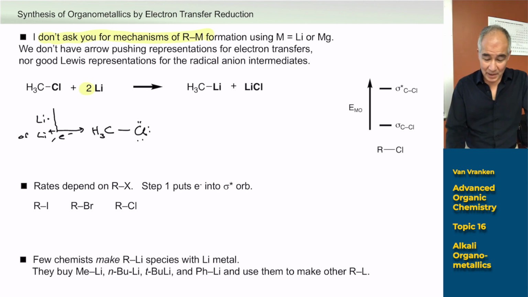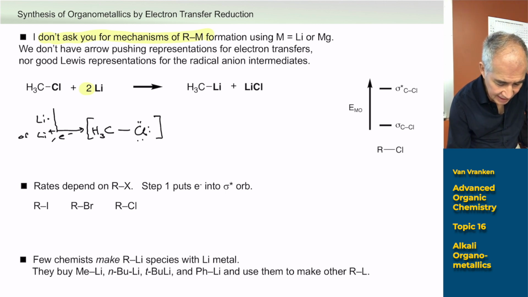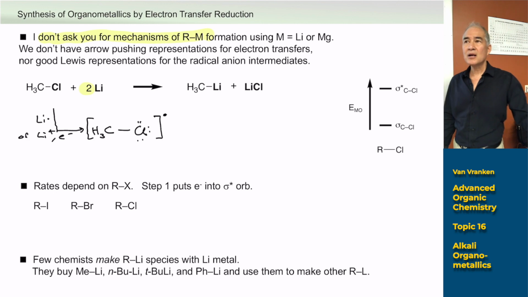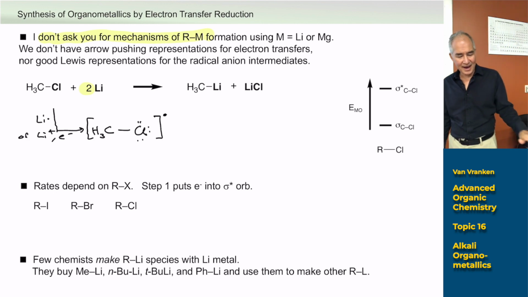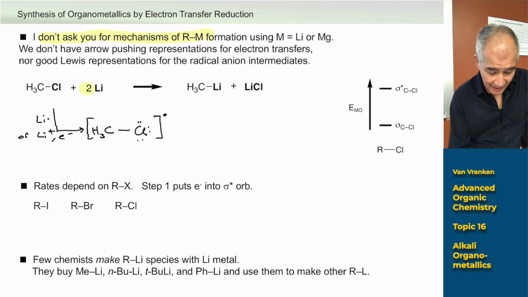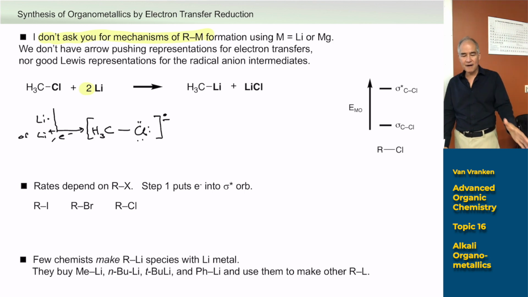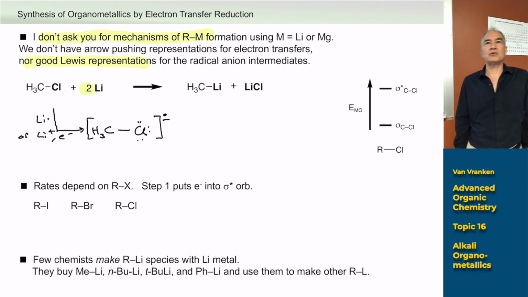So if you're trying to draw an arrow pushing mechanism that doesn't break any of our rules, for these types of species we'll put brackets around this and just put a dot. We're not going to say whether it's on the chlorine or on the carbon. We're just going to say there's an extra dot in there. And if there's an extra electron, that means there's also an extra negative charge. We don't have a good Lewis representation for this species, which has picked up an extra electron.